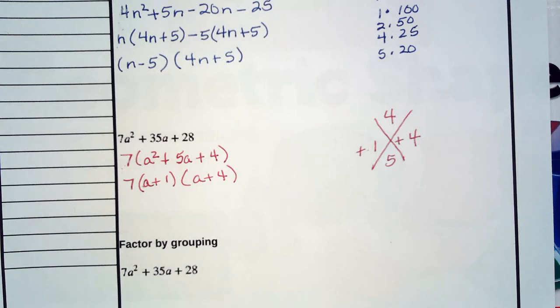Now, what happens if we factor by grouping? If we don't factor out that greatest common factor, it's going to be a lot harder. Still, we can do it if we want to. When we take 7 times 28, we get 196.